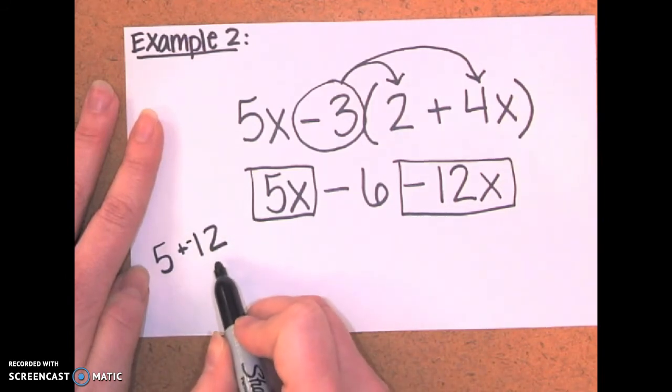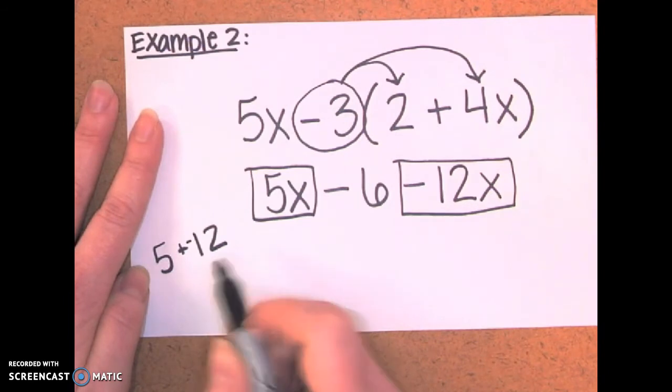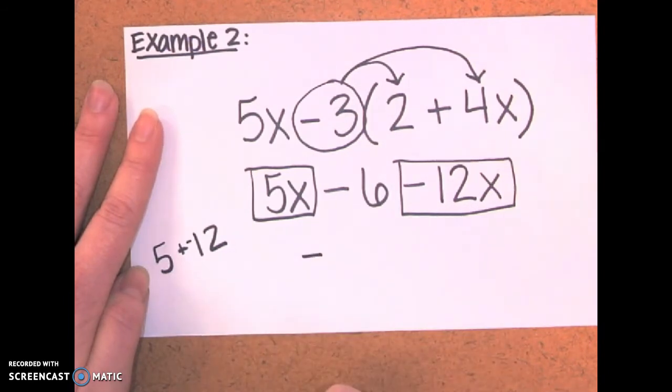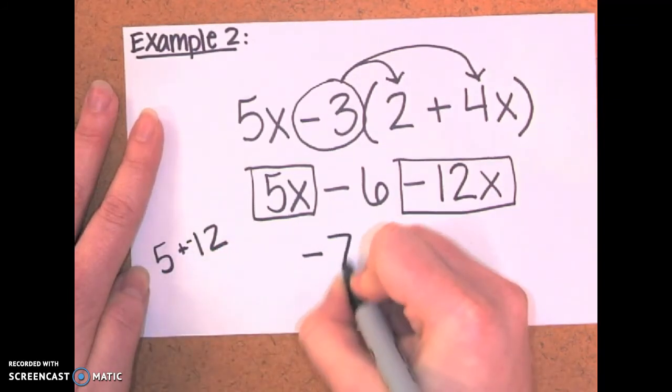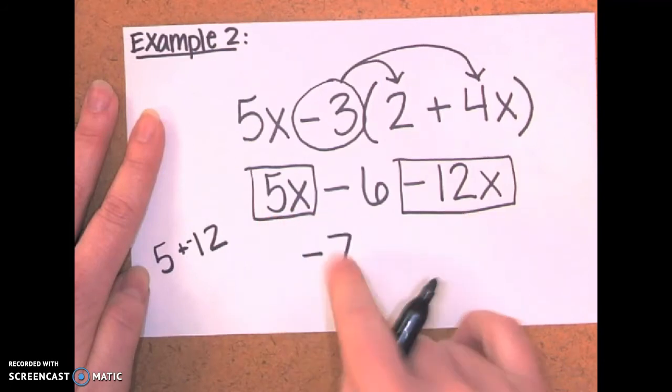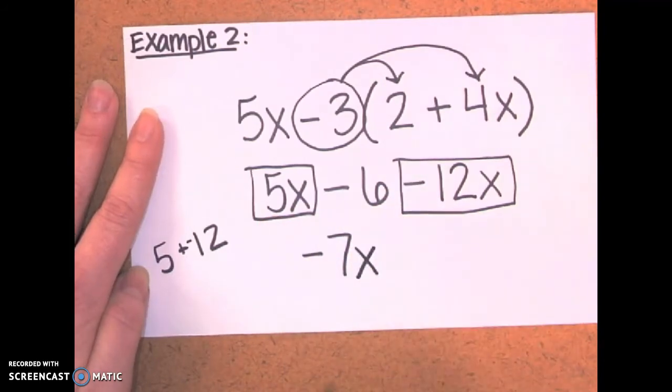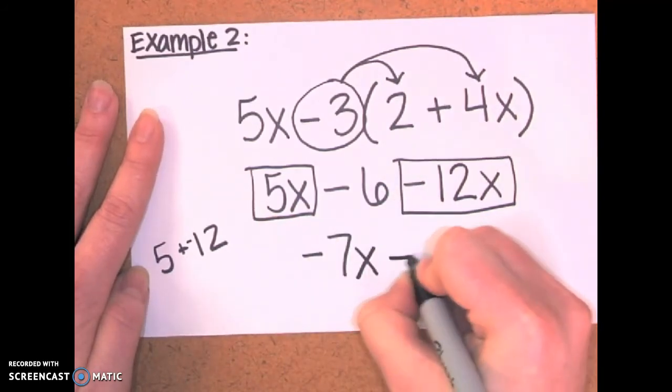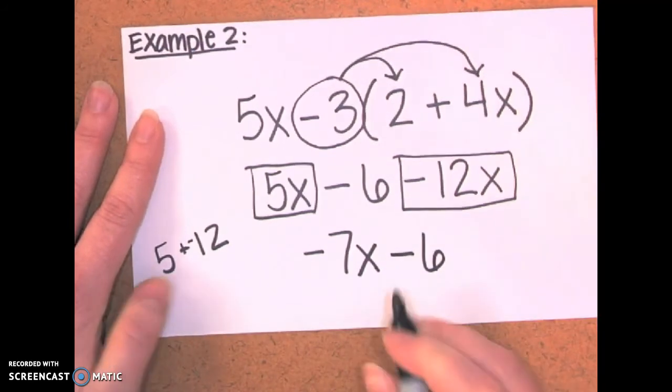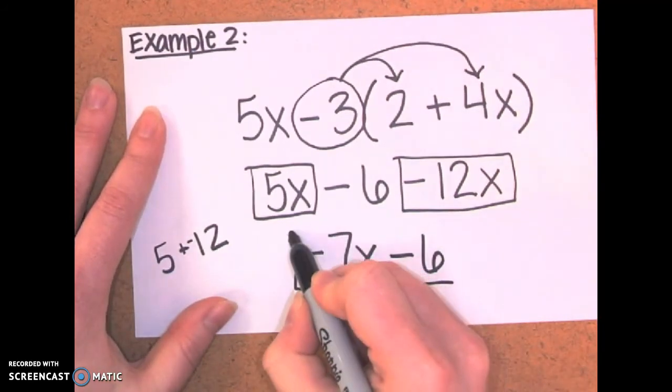So 5 plus -12, think of your army men. The negatives are going to win by 7. So this is -7. Put your x with it. And then -6 goes behind it. And there is your answer.